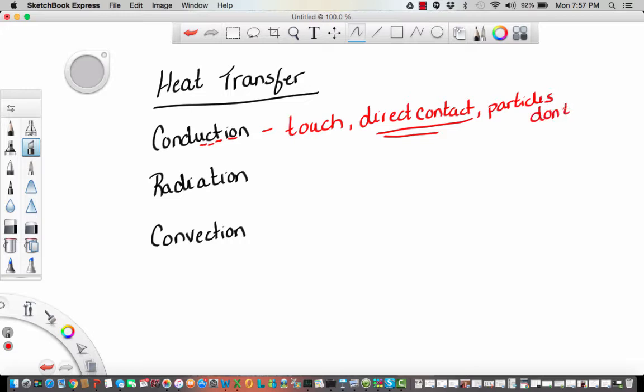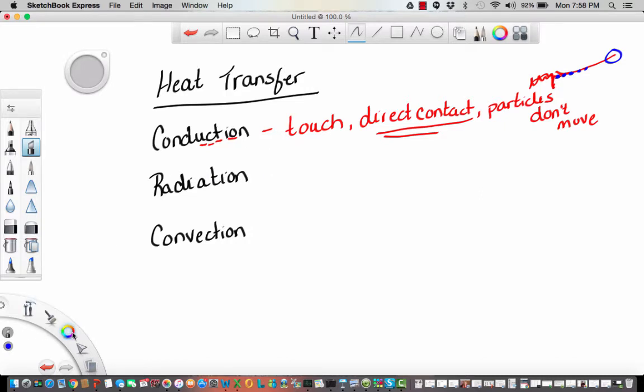Meaning that if I have a fire poker, which kind of looks like that, and I put it in a fire, the heat is going to transfer from one particle to the next particle to the next until your hand burns hot right here. So it's just going to climb up that poker.